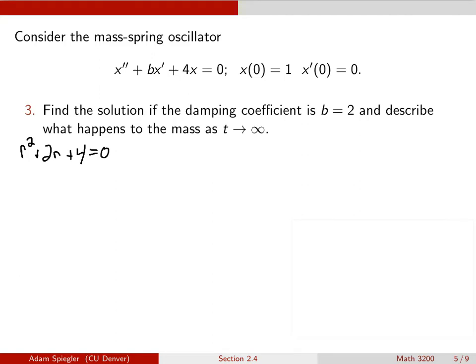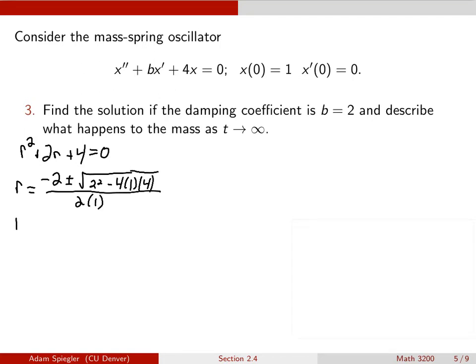So if we were to use the quadratic formula, then we'd get minus 2 plus or minus the square root of 2 squared minus 4 times 1 times 4, all over 2 times 1.